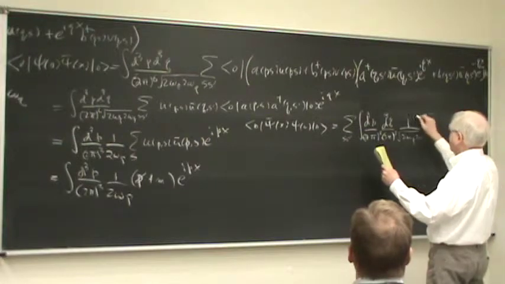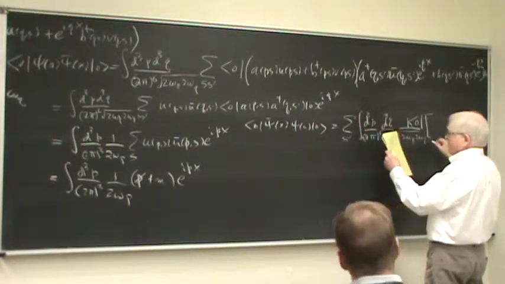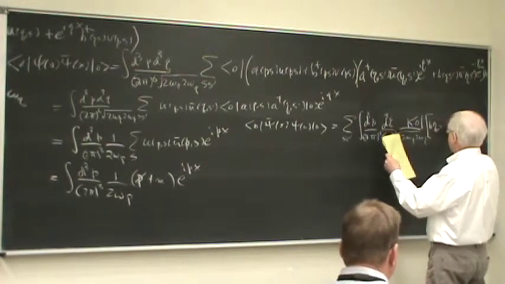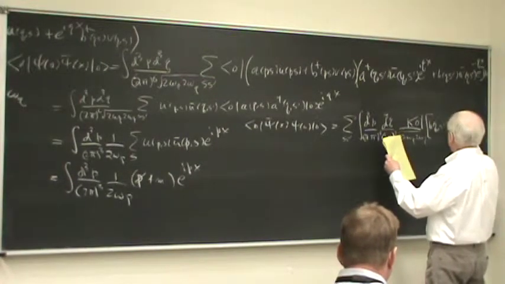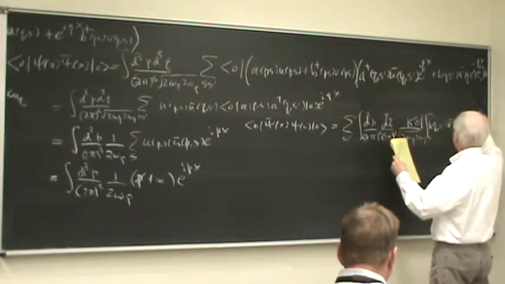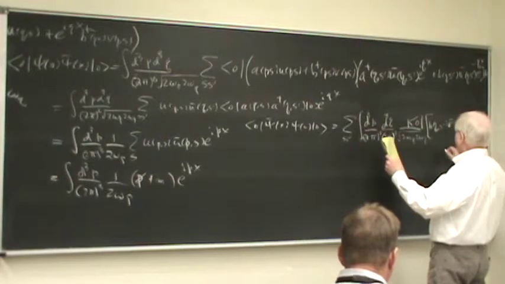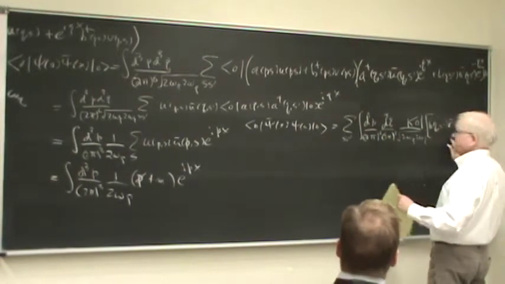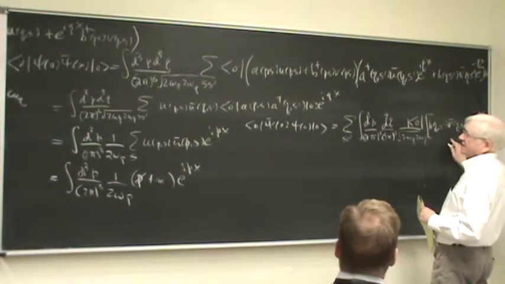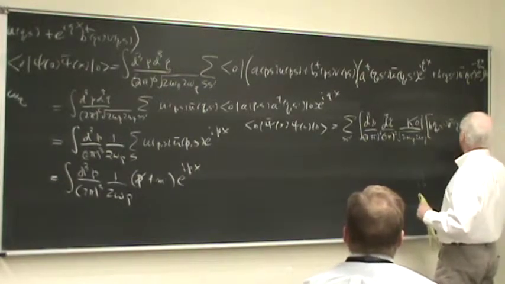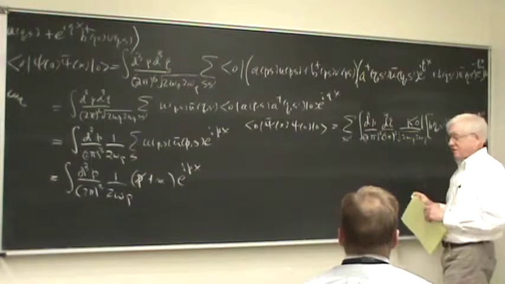I left out the vacuum state, so let me put it there. Vacuum, v of q and s prime, v bar of q and s prime, e to the minus iqx. There's an a dagger term, but the a dagger on the left isn't going to matter, so I'm going to drop that one out.